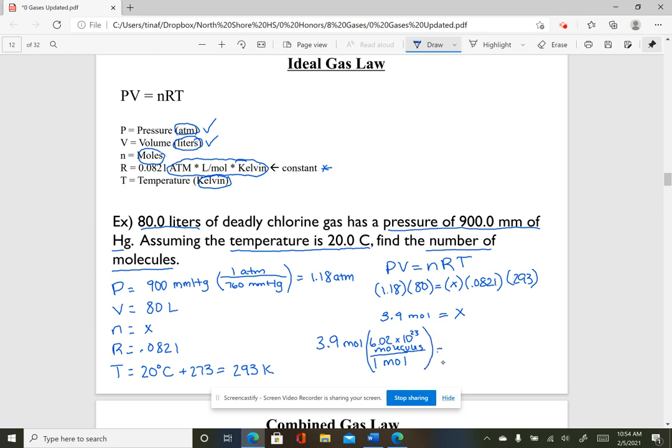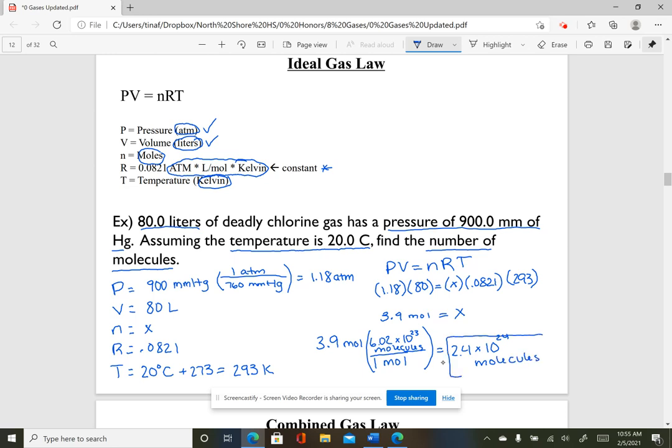So last unit and this unit are working together pretty closely. So I'm going to take my answer times 6.02 times 10 to the 23rd, and I get 2.4 times 10 to the 24th molecules.